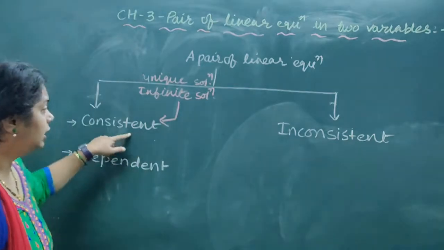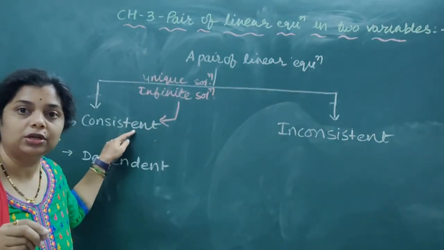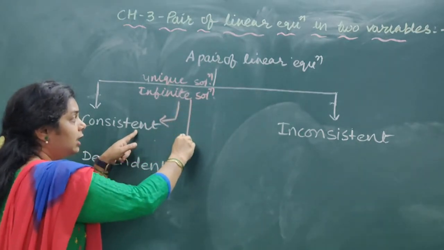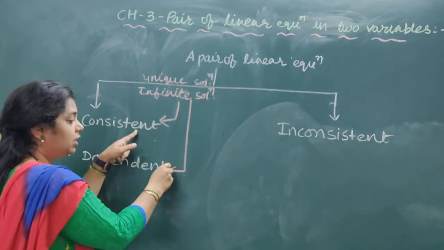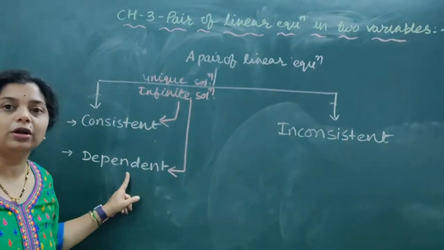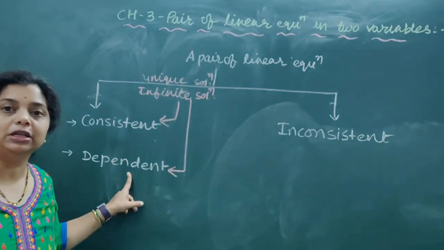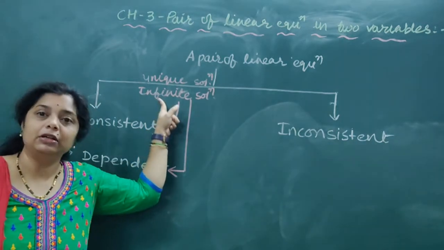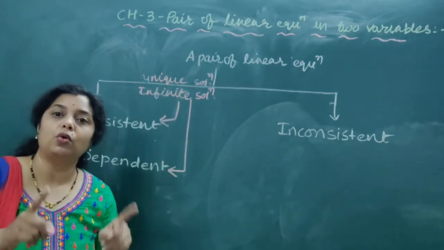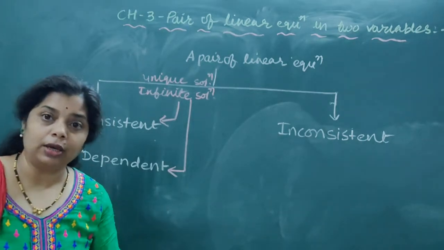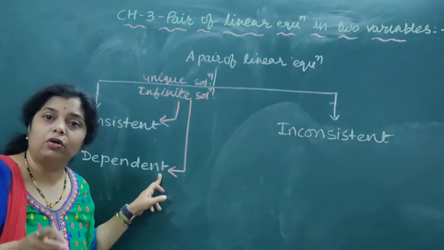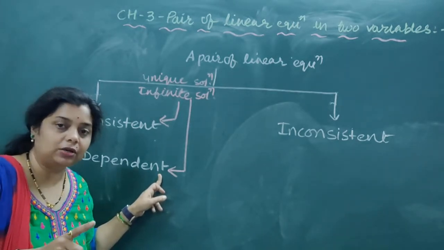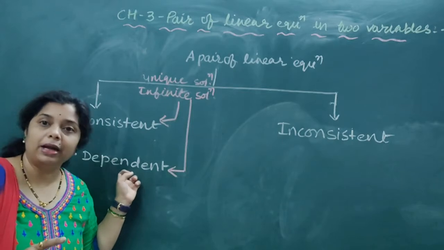Okay. Now, again there is a classification in this. If any pair of linear equations has infinite solutions, it is called a dependent pair of linear equations. Why is it like this? Because when we get infinite solutions, the lines coincide with each other, and a pair of linear equations which coincide with each other is also called a dependent pair.